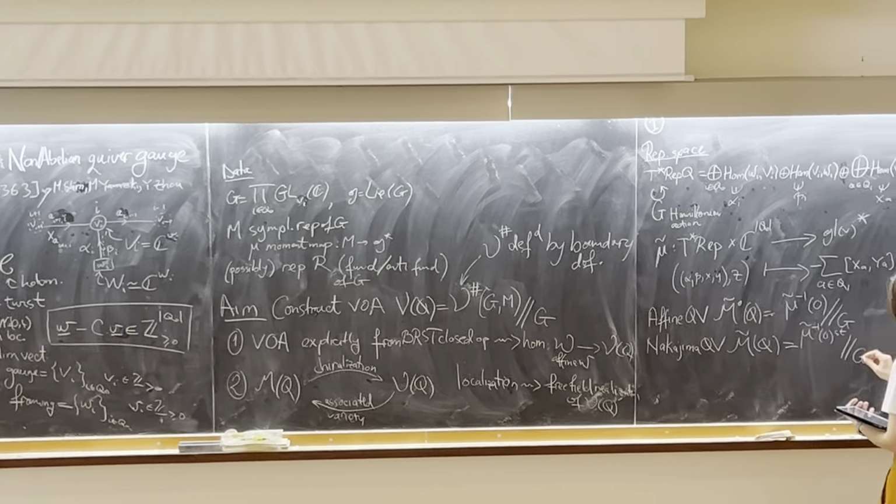And now in the chiralization process, generators of the ring of functions on the quiver variety are mapped to generators of this VOA, which are BRST closed.